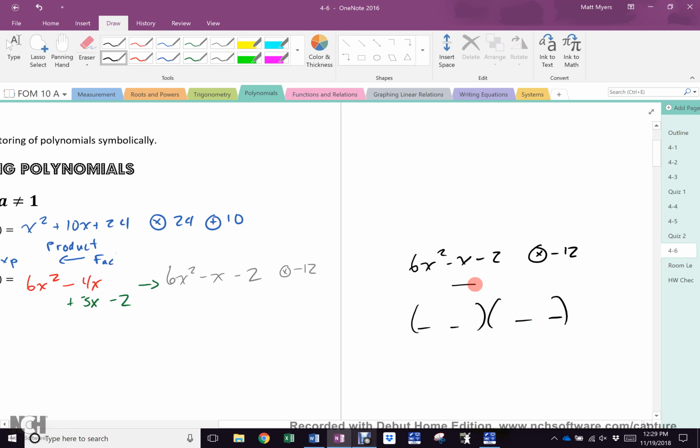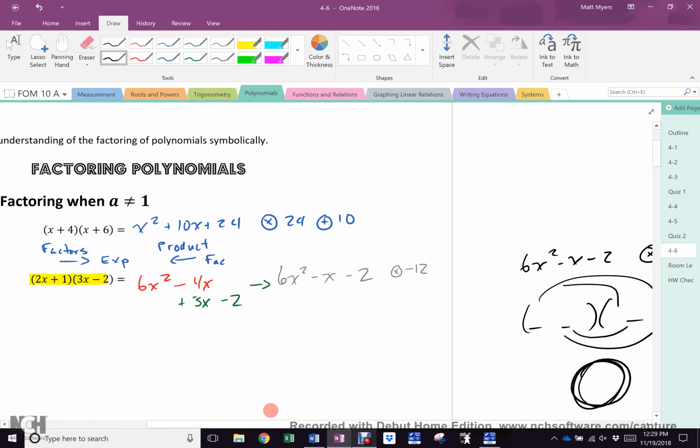And I know that that's going to multiply, and at the end, those middle terms are going to add up like 10 and 4 did here, correct? So those middle terms had to add up to 10. This time, those middle terms still have to add up to negative 1, don't they?